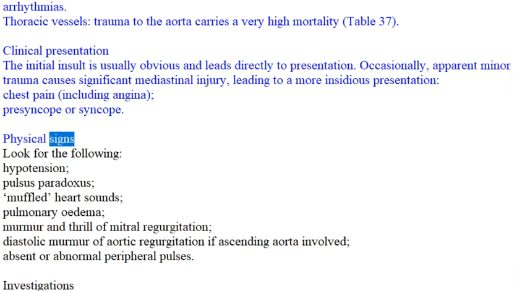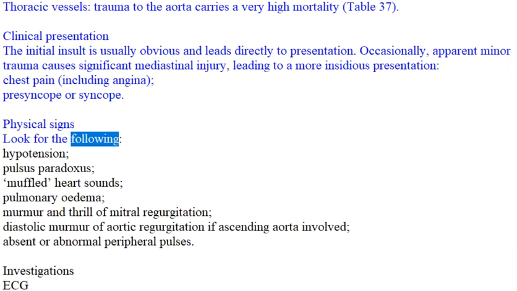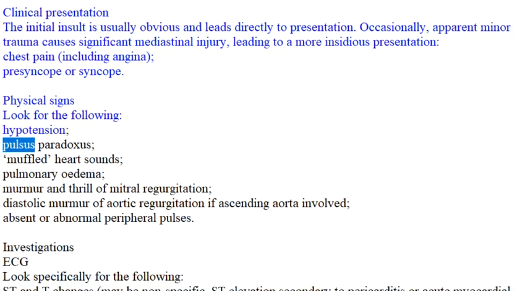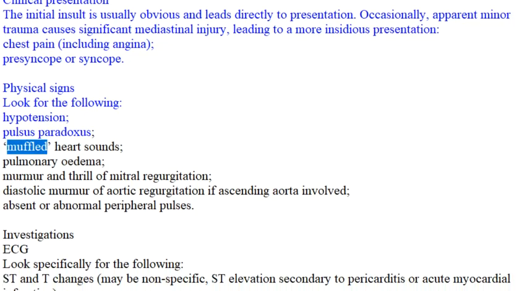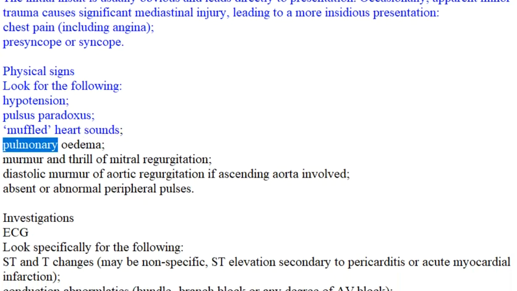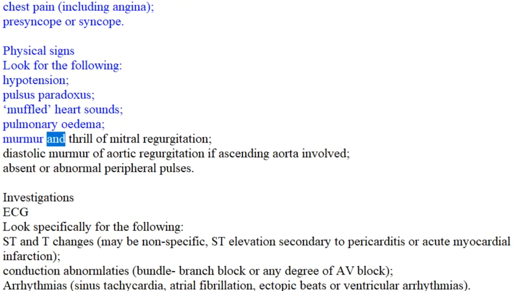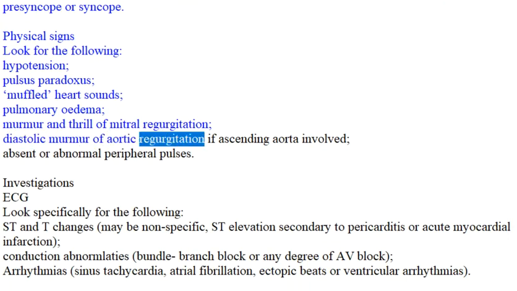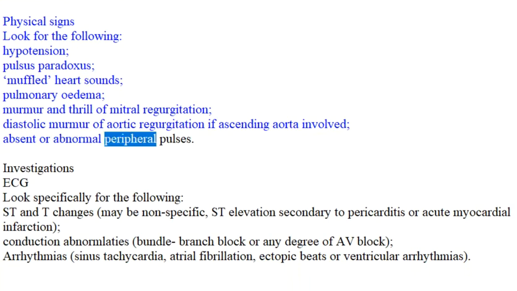Physical signs. Look for the following: hypotension, pulsus paradoxus, muffled heart sounds, pulmonary edema, murmur and thrill of mitral regurgitation, diastolic murmur of aortic regurgitation if ascending aorta involved, absent or abnormal peripheral pulses.